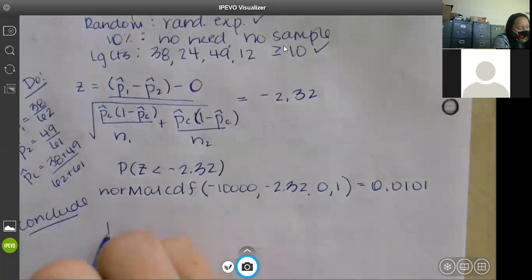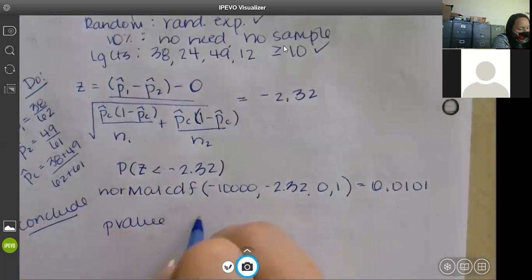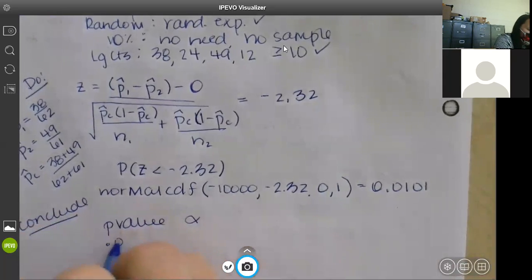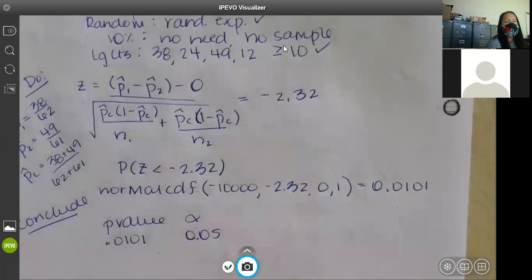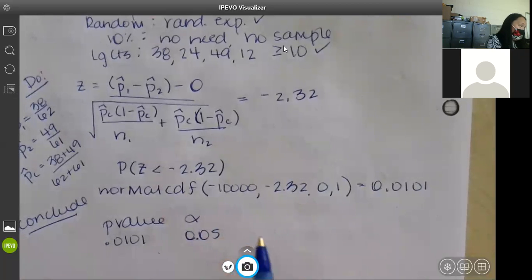We're going to conclude by comparing our p-value, 0.0101, to our alpha, which is 0.05. What would happen? We do what?